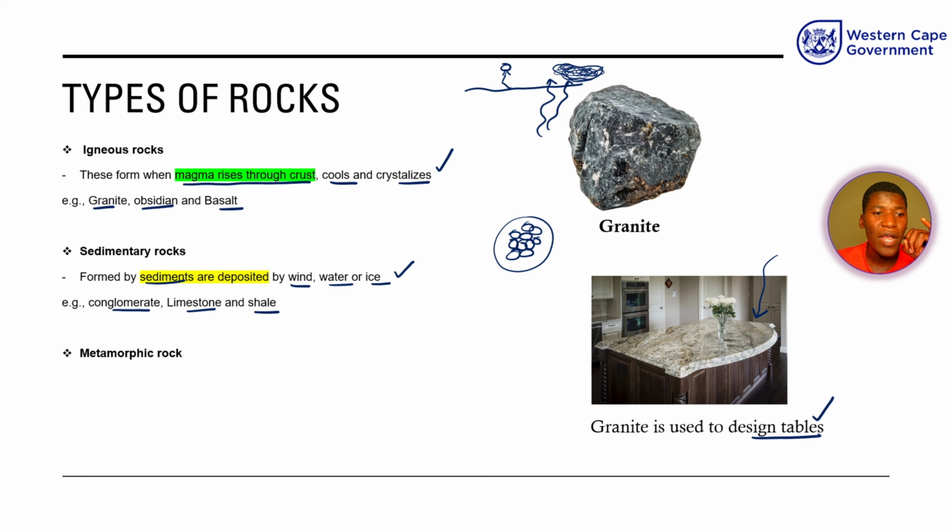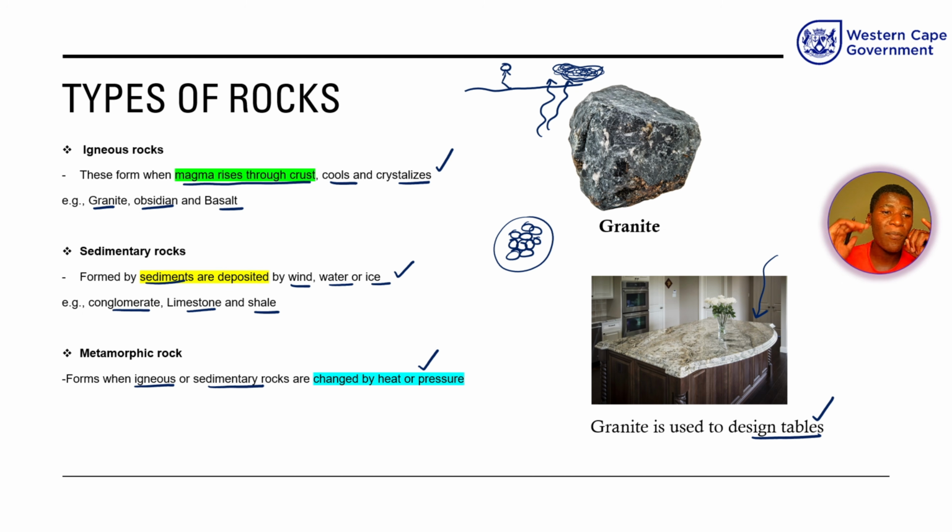And then now we have got metamorphic rock. A metamorphic rock is a combination, in a sense that a metamorphic rock will form when igneous rocks or sedimentary rocks are changed by heat or pressure. So the metamorphic rock is the weakest one, basically. So it can happen that if you burn this granite, remember granite we said is an igneous rock, so it can happen that you burn the granite.